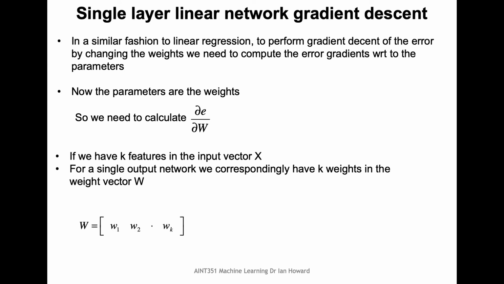So if we have an input vector of dimension k, with k elements in the column, then we have to have k weight values in the row of the weight matrix, in this single dimensional case. Therefore, when we differentiate the error, which is a scalar in this case, with respect to the weights, we end up with a result which is the same dimensionality as the weight matrix. So in this case we've got a 1 by k dE/dW matrix.